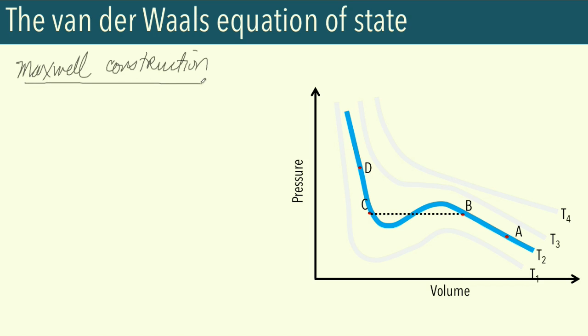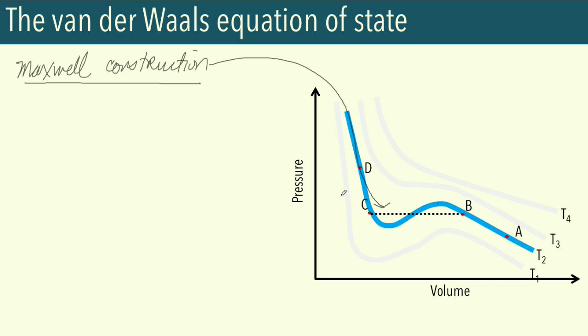The Maxwell construction is the dotted line over here. The real isotherm that's really observed for this case is that you don't see these lines here. You see this dotted line along here. So this is your stable state. You might see some cases like this, but this is not so stable a state. Usually if you're in this particular state, you'll automatically go into this condition here.